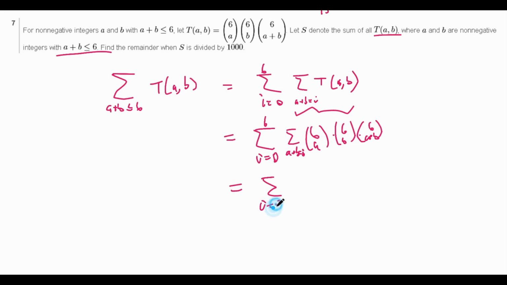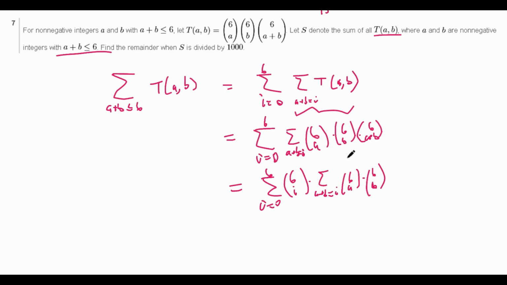The sum from i equals 0 to 6 of this thing. Well, 6 choose i is independent of a plus b, so we can bring it outside of this summation, multiplied by the sum over a plus b equals i of 6 choose a times 6 choose b.